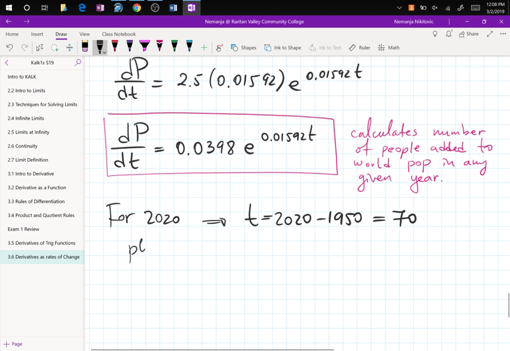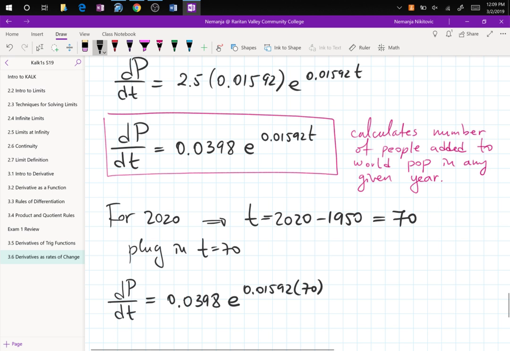Plug in t equals 70. So the change in population for that particular year, which is next year, is going to be 0.0398 e to the 0.01592 times 70.